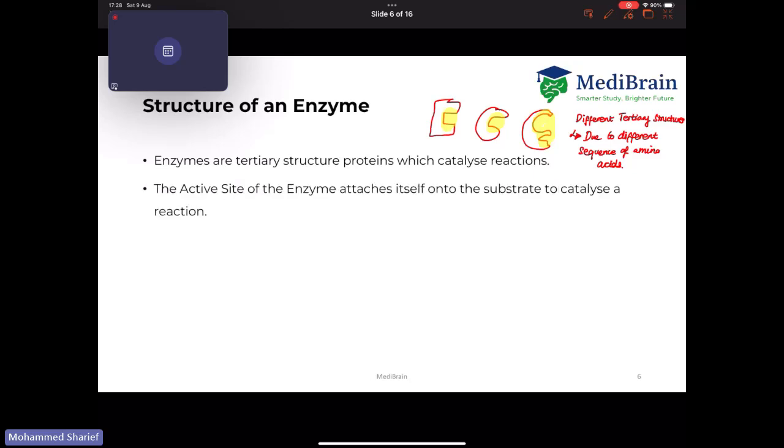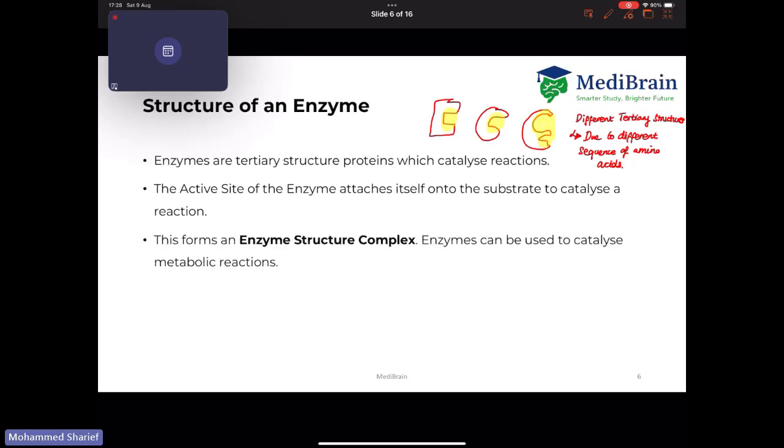The active site of the enzyme attaches itself onto the substrate to catalyze a reaction, and this forms an enzyme substrate complex. Again, in bold, just remember this phrase. Whenever a question on enzymes comes up, try to fit it in somewhere, because it will always be given a mark.